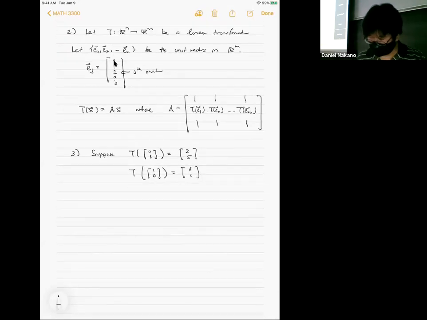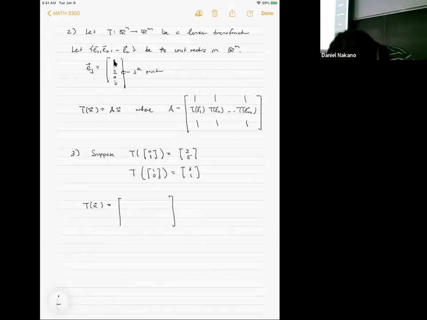Okay, so this is kind of written in reverse order. But then T on x, I put T of (1, 0) down first, right? So this is going to be (6, 1), and the other one will be (3, 5). And this is your A, right.